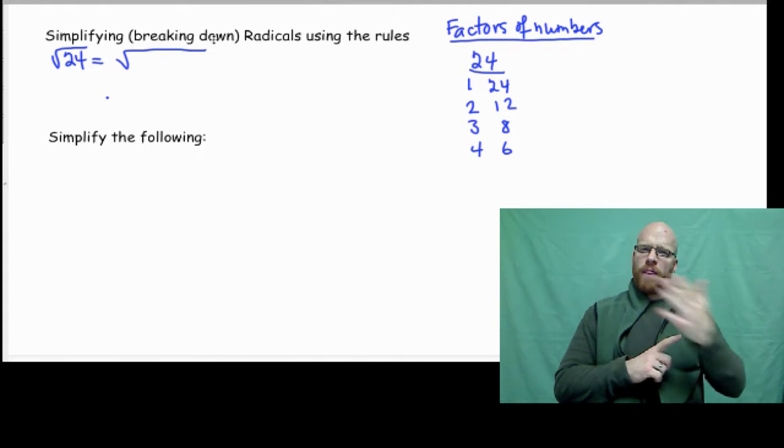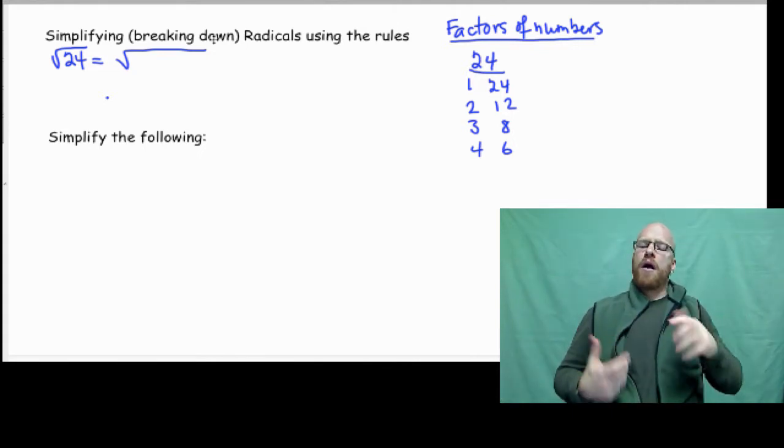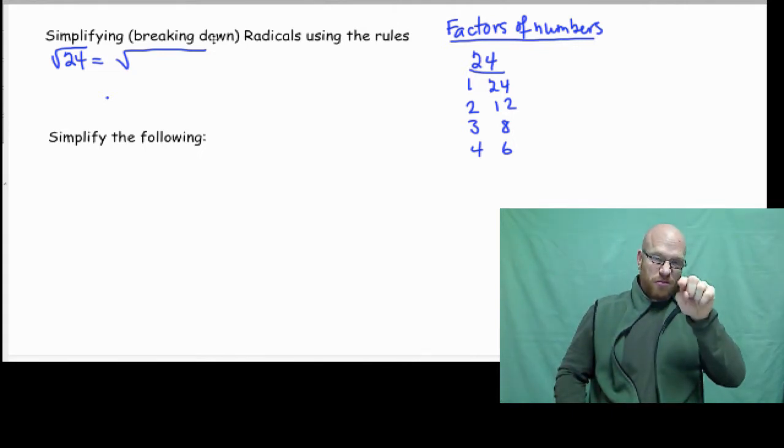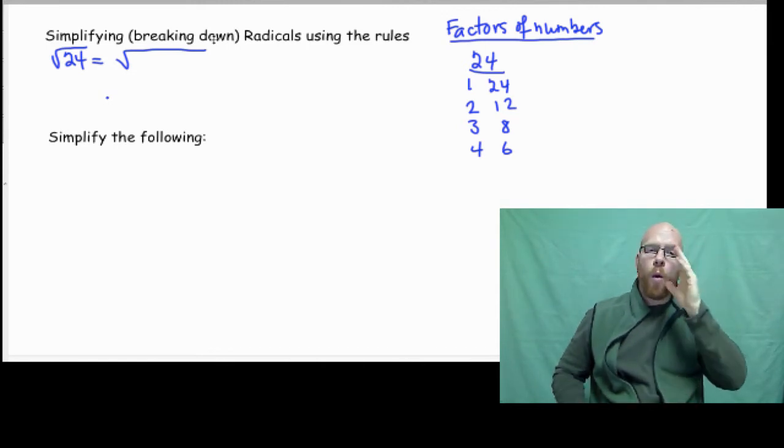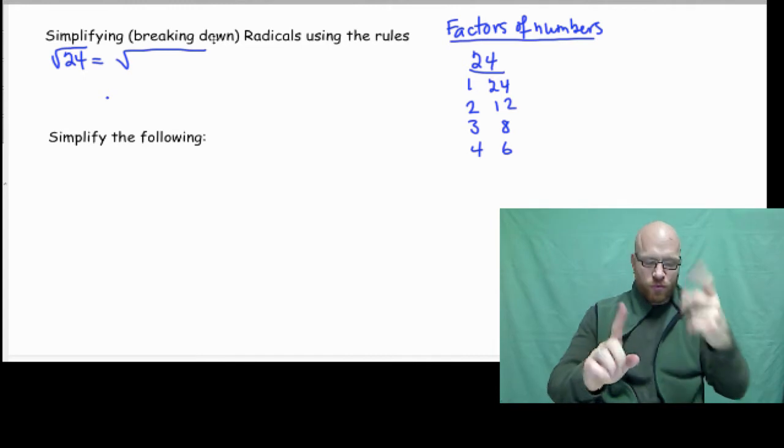But we're trying to find perfect squares. We want a perfect square in there. That way it simplifies it fully. Watch.